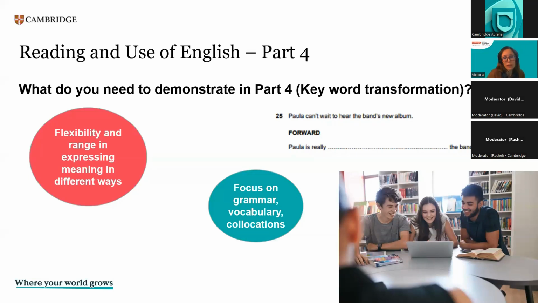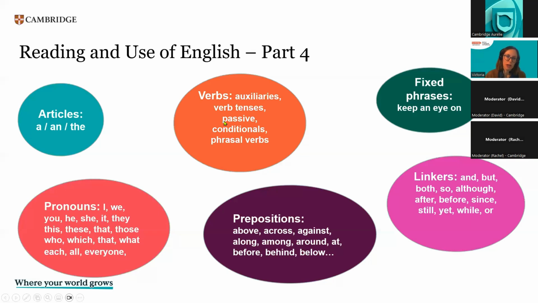What we're looking for is to test your flexibility and range when you are expressing meaning in different ways. And there is also a focus on grammar, vocabulary, collocations, and so on. Let's look a bit more at the focus in a bit more detail.